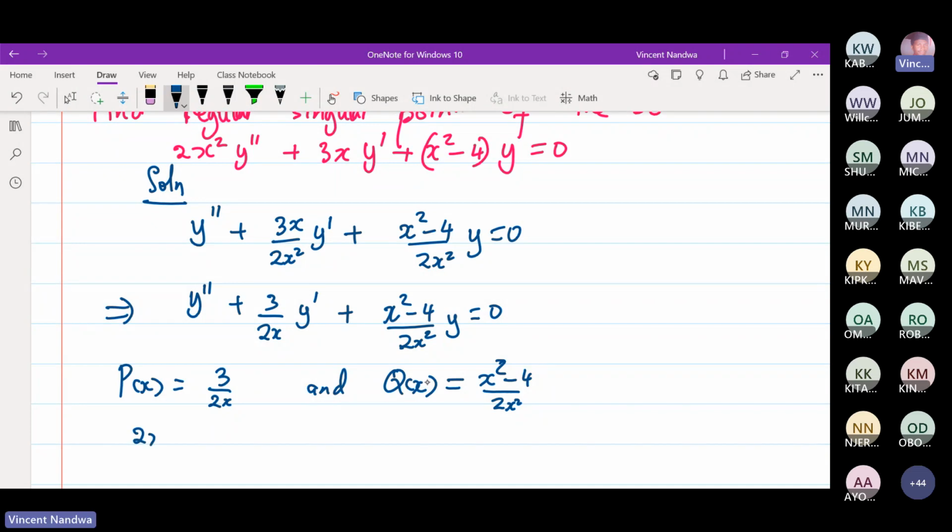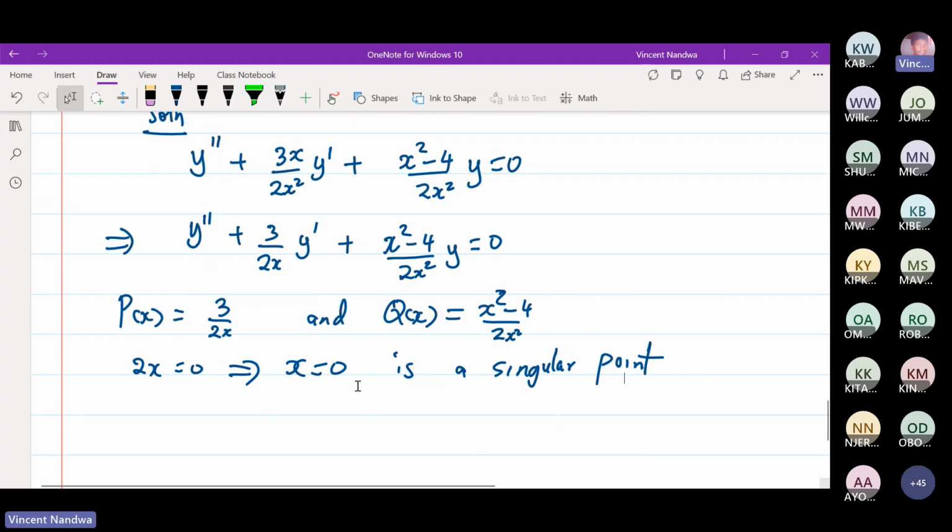So 2x equals 0 implies x equals 0 is a singular point, which means that our x naught is 0. Remember, you get 0 even if you say 2x squared equals 0. So the point where P and Q are not analytic is x equals 0.